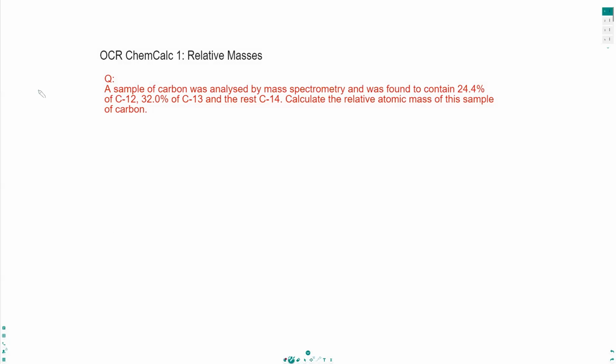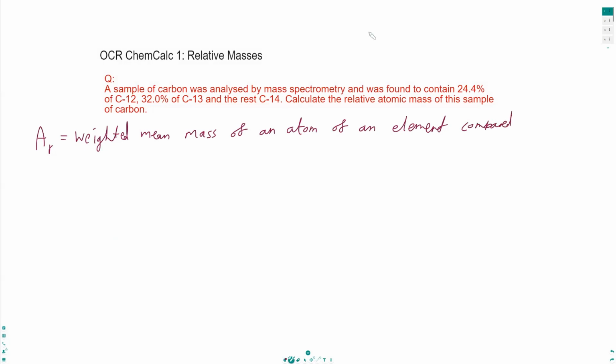Relative atomic mass, or Ar as it's called, is defined as the weighted mean mass of an atom of an element compared with 1/12 of the mass of carbon-12.